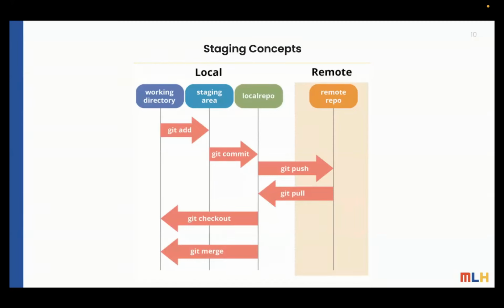Once you have done some work on Git and you want to push it to the remote, the first thing you do is git add. So git add is like telling the local repository which files you are interested in pushing to the central repository and which files you want to skip. It will also keep all the changes which you have made.